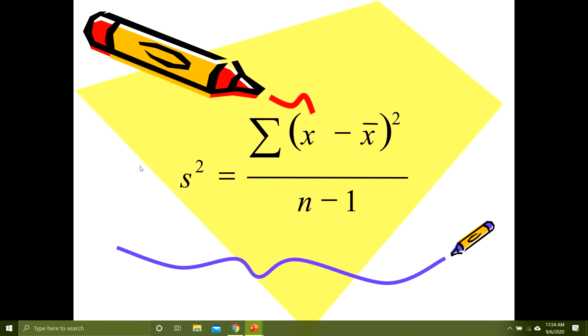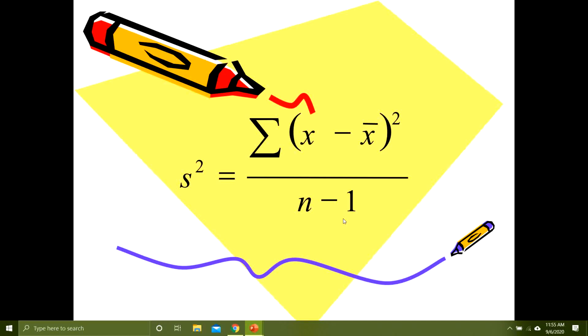So variance will be presented as s square, and we will take summation of x minus x bar whole square over n. Now the biostatisticians say that if the sample size is less than 30, you will use the formula of summation x minus x bar whole square divided by n minus 1 for calculation of variance.